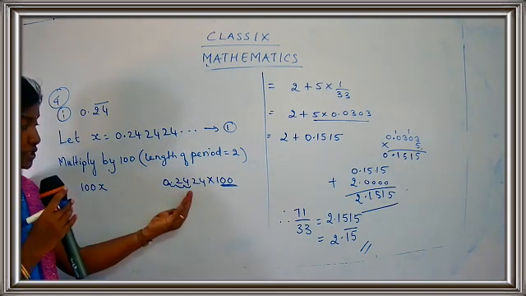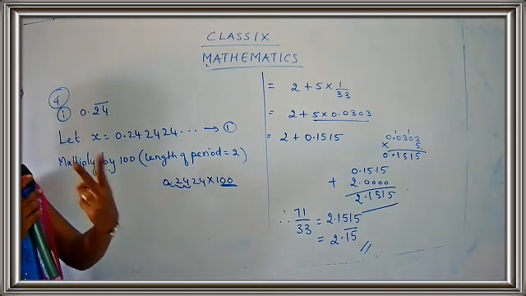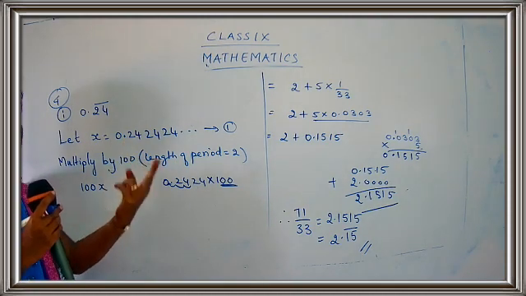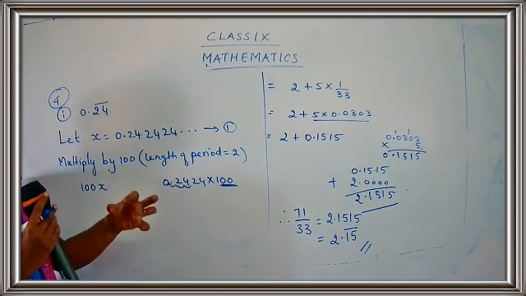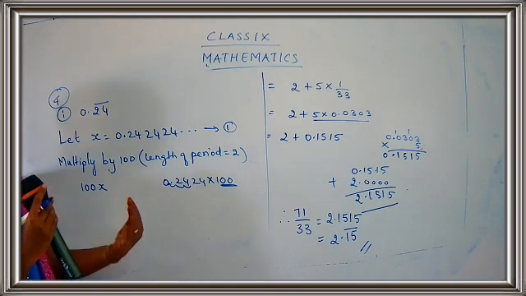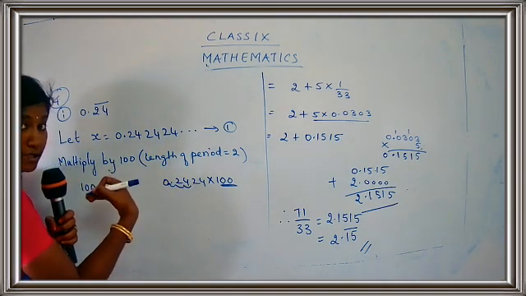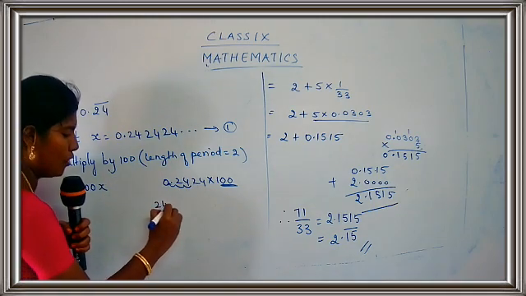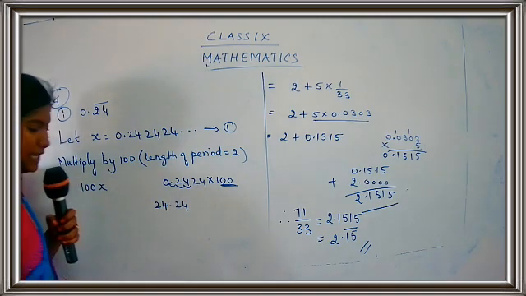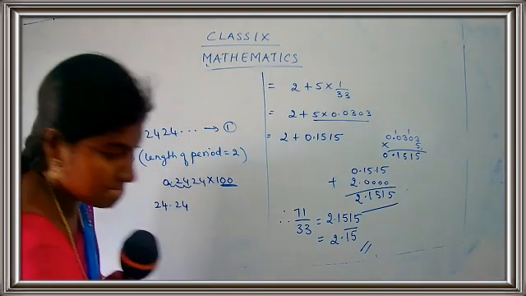In simple terms, the number goes 2 places left. So these 2 numbers will come before the decimal point. So you get 24.24. Getting my point? This is all you have done.